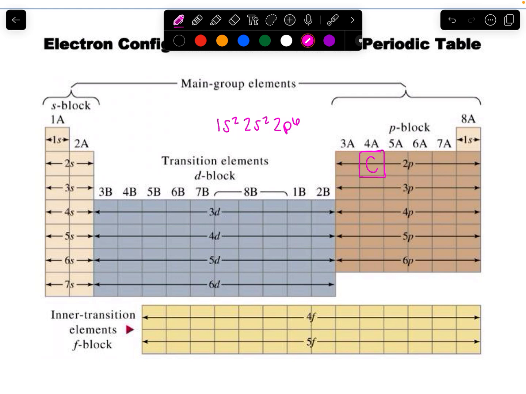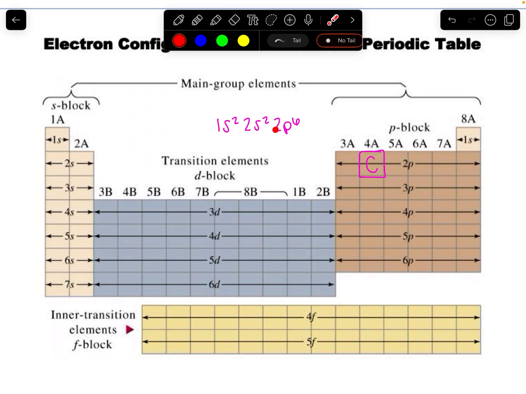Oh my God, that's so exciting. What? Blowing minds. So take a look at this. 1s2, 2s2, 2p6. This last term of any electron configuration will tell you where the element under study exists on the periodic table.